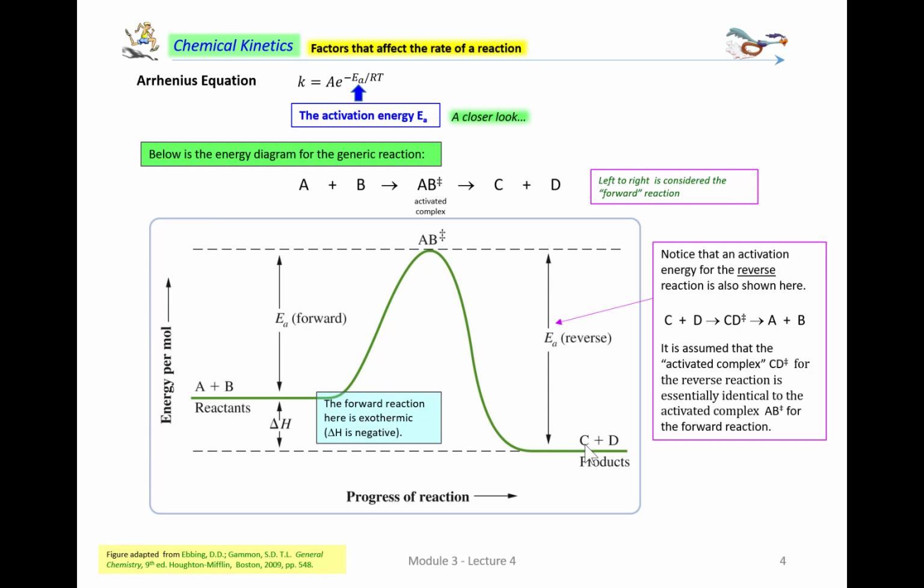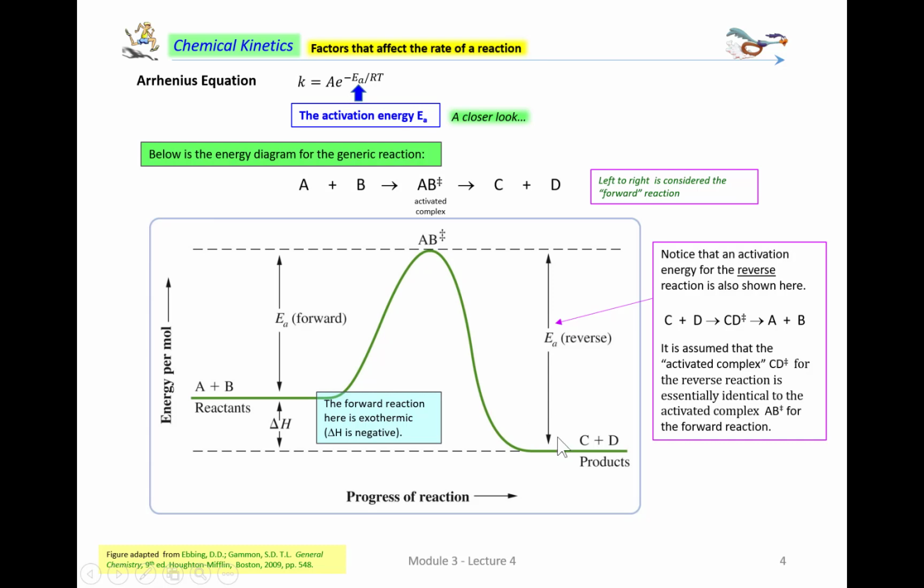What would the reverse reaction be? Logically, it would be C plus D going back over the activation barrier to A plus B. You'll notice that the activation energy for the reverse process is necessarily higher than that of the forward process. We have a larger barrier to go backwards.